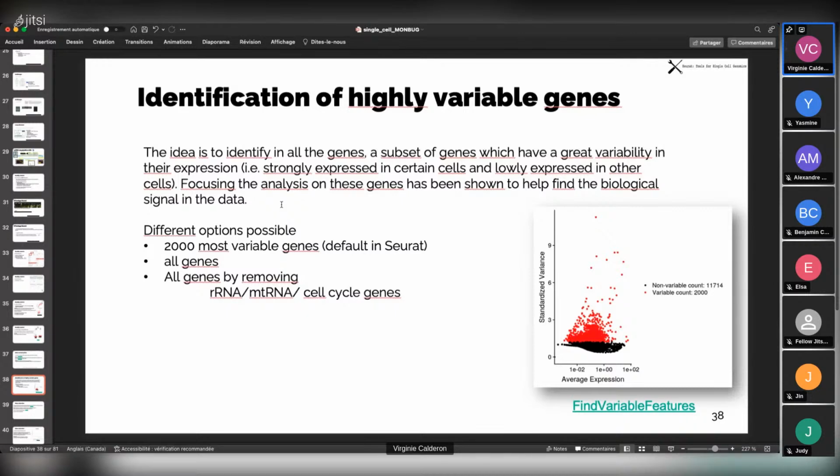So it will keep the 2,000 most variable genes, excluding genes associated with this process. We mostly use the default in Seurat, but sometimes when the dissociation of cells is not really easy and the projection is difficult, we go back to this and try with all the genes to see if we have more information and are able to better individualize the cells.